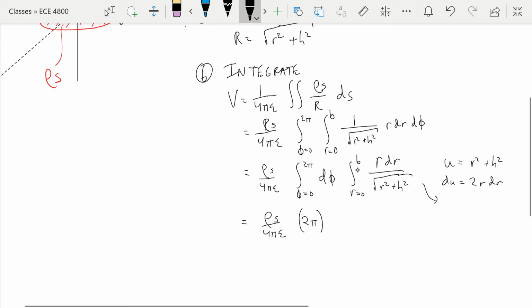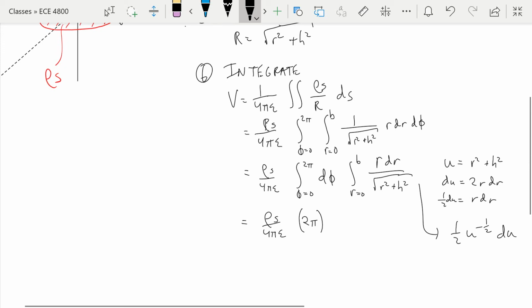So r dr is equal to 1/2 du, so this equation can be put in the form of 1/2 u to the negative 1/2 du.